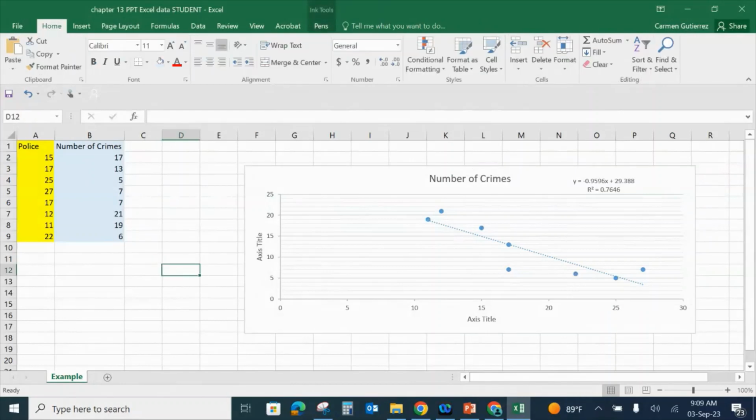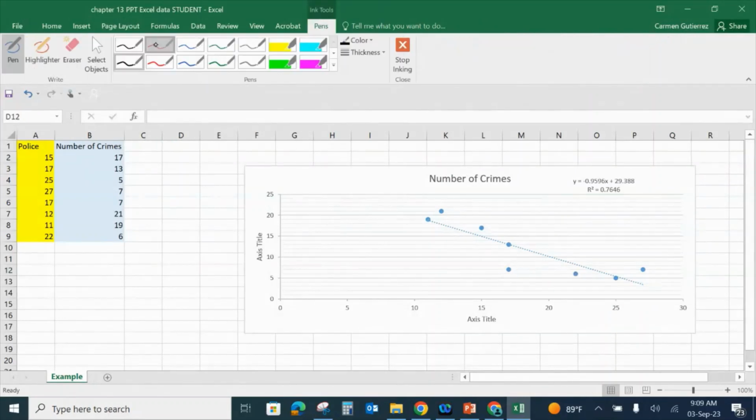This here is the line of best fit. That's the line that minimizes the distance between each of the data points and the line.